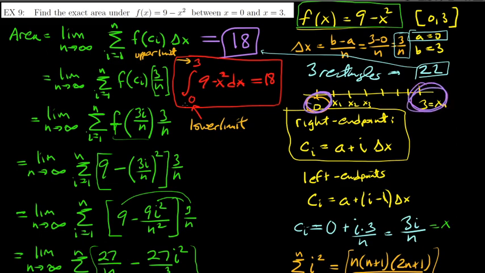So the lower limit is the left boundary point, and the upper limit is the right-hand boundary point. And just to remind you what this area is, remember the graph looked like this, and so it's this area in here. So that's the 18. This is the 3, the 0, and the curve here is just y equals 9 minus x squared. So we found the exact area under the curve using this process.